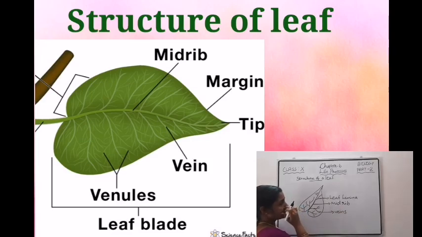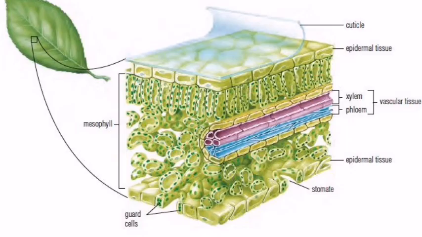In this midrib region, suppose we cut from here, we can see that the upper surface consists of phloem tissue, and the lower surface has xylem tissue. These together constitute the vascular bundle.